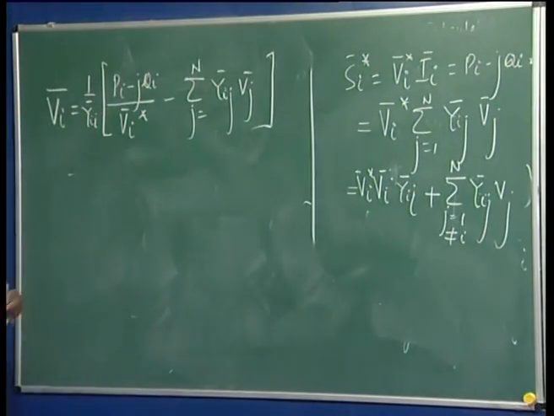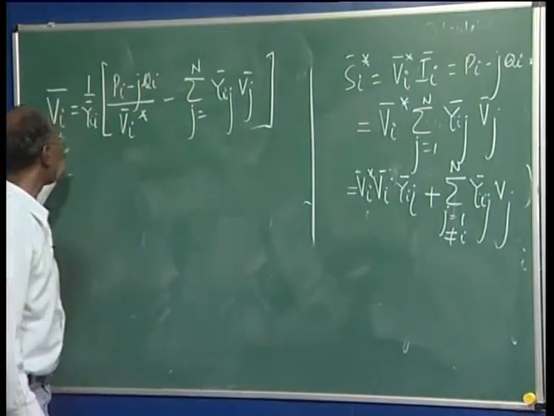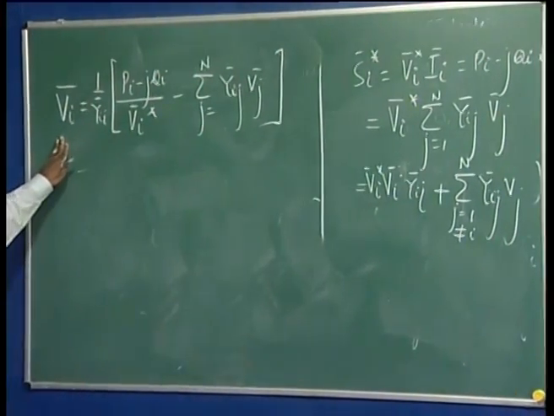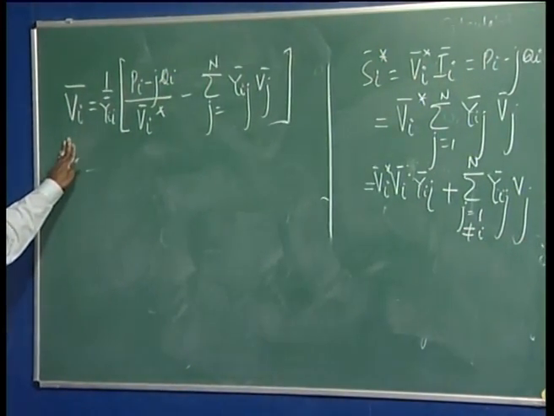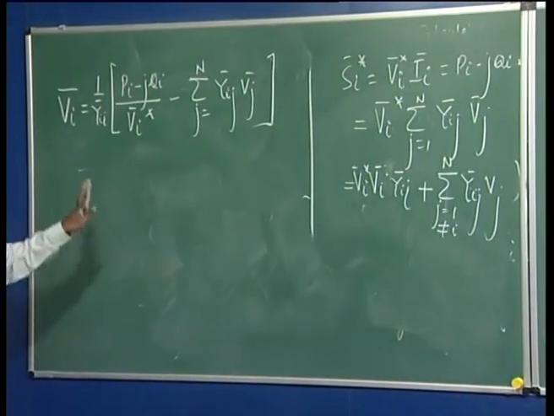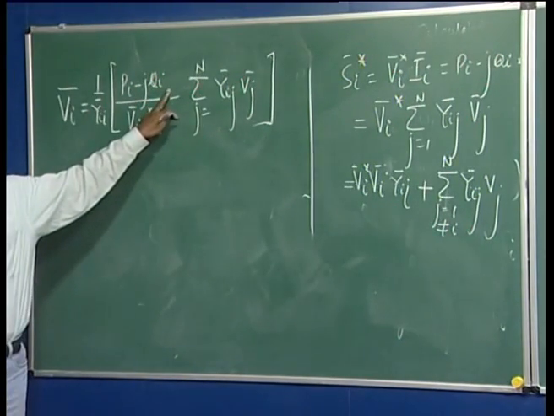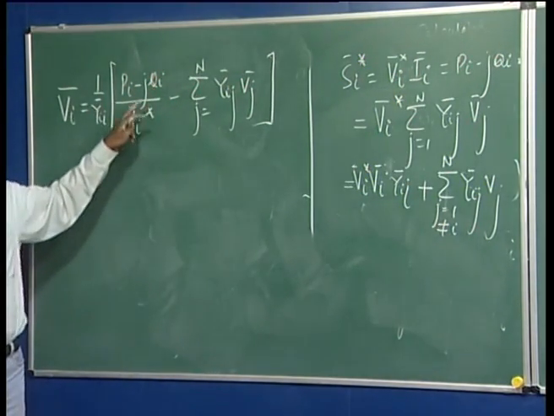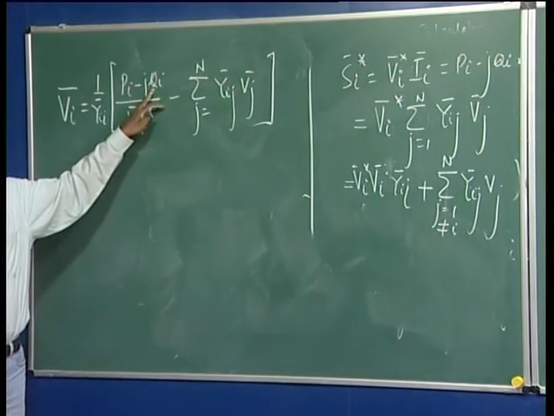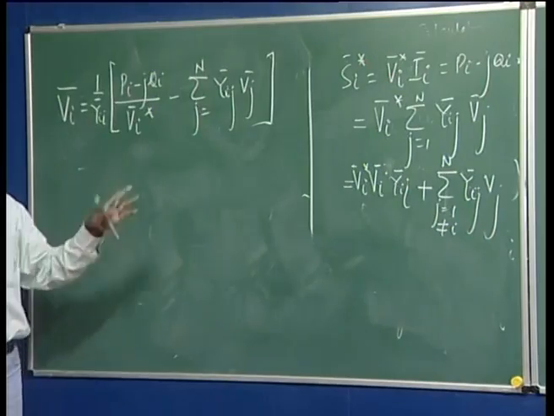If you are solving this equation, it is called the Gauss-Seidel method. You are calculating the voltage at all the PQ buses, and the angle of the voltage at all the PV buses. Knowing P and Q at all the load buses, but at the PV buses you do not know Q, so from the initial guess whatever Q is there you put it there and calculate the angle.